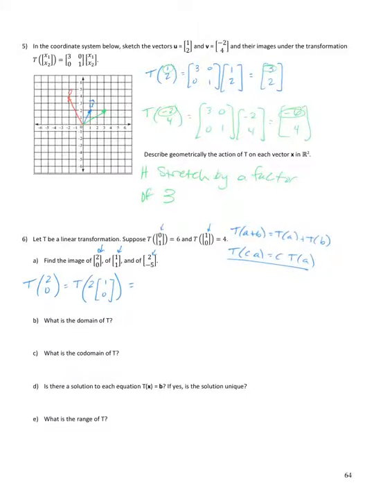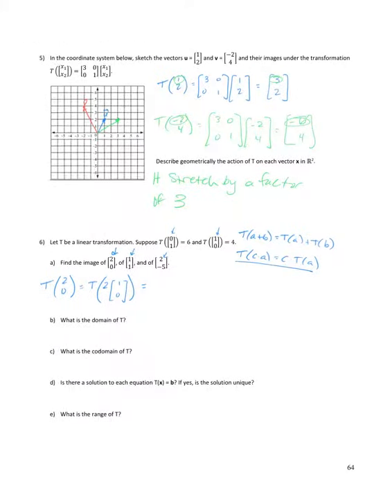And then this rule lets me pull the 2 out. So I have 2 times T of 1, 0. And T of 1, 0, I know it was given to be 4. So 2 times 4 is 8. T of 1, 1. That's T of 1, 0 plus T of 0, 1.